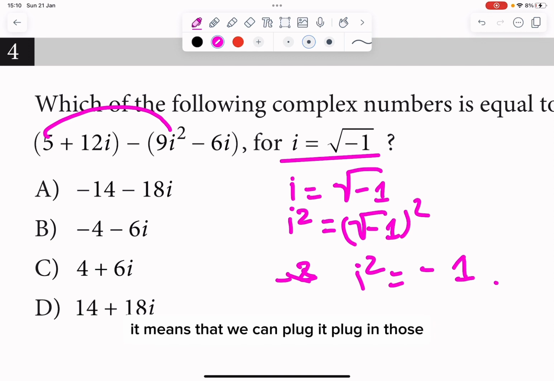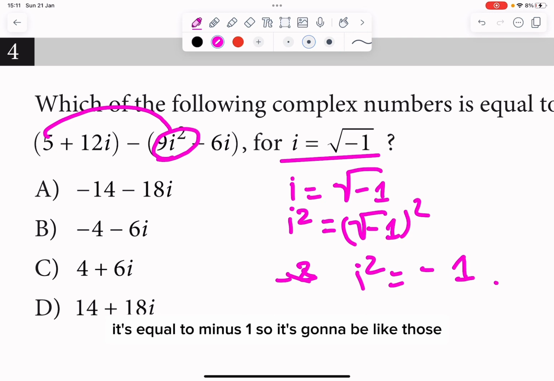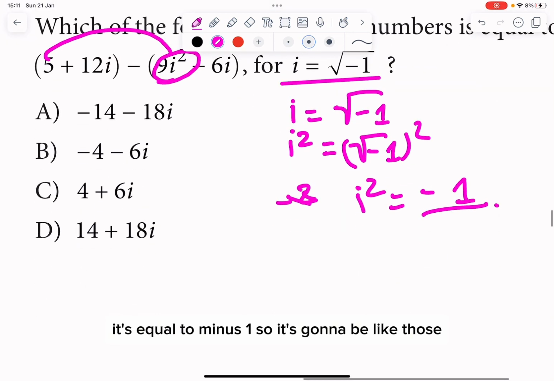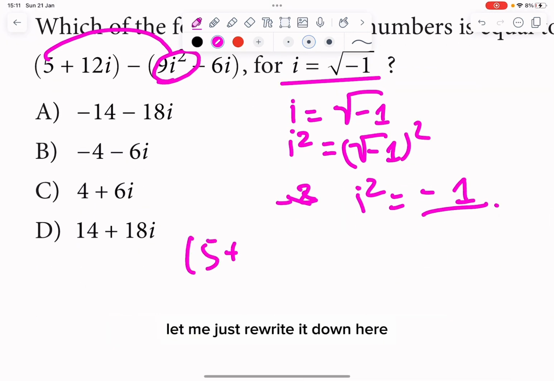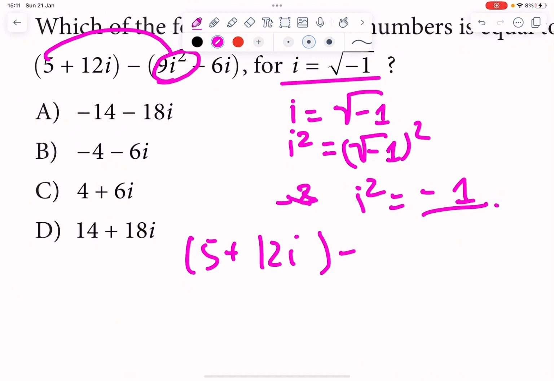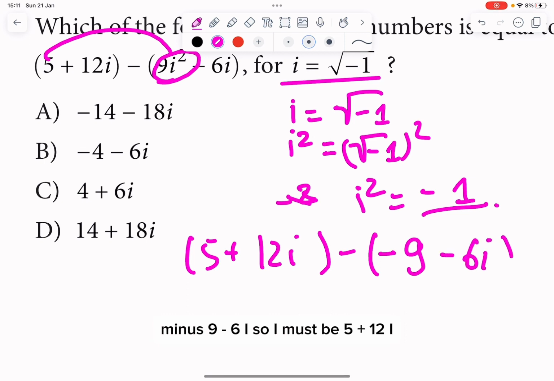It means that we can plug in that whole thing. So you can see that this one has i squared, so just need to plug it in. It's equal to minus 1, so it's gonna be like this. Let me just rewrite it down here. Okay, so this one is gonna be minus 9 minus 6i.